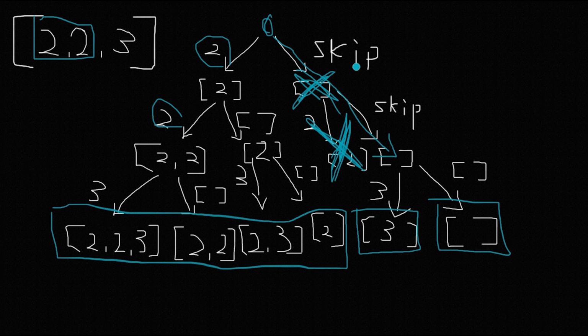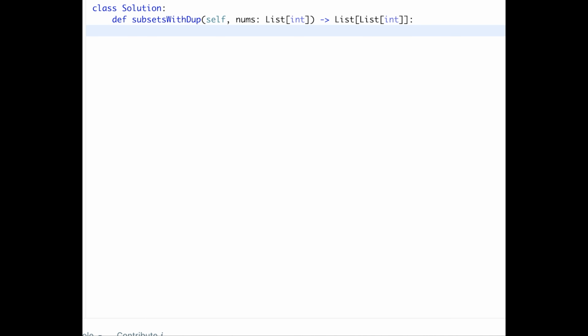I'll show you how to skip the duplicate number. So with that being said, let's get into the code. Okay, so let's write the code. First of all, initialize a result variable with an empty array and a subset variable with an empty array, and sort the input array.